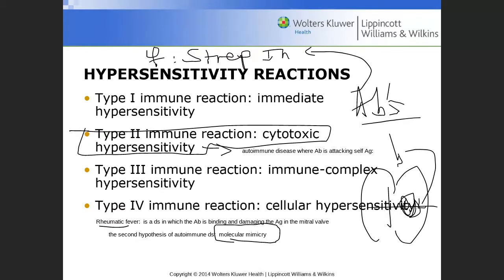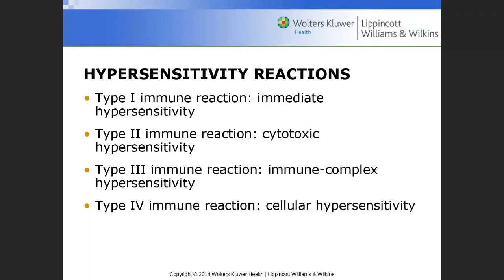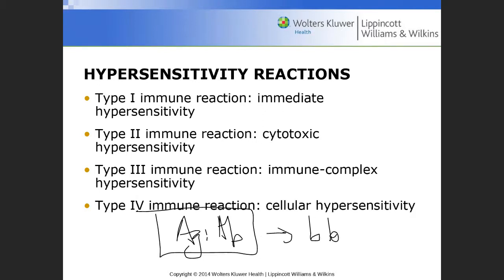And then the third type of hypersensitivity is known as the antigen antibody complex. And so the problem is that when you have an antigen and antibody complex in the blood, they start circulating, okay? And ultimately it goes to the kidney, which has to filter it, but it can't filter.